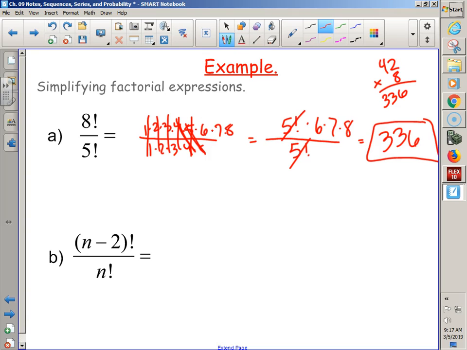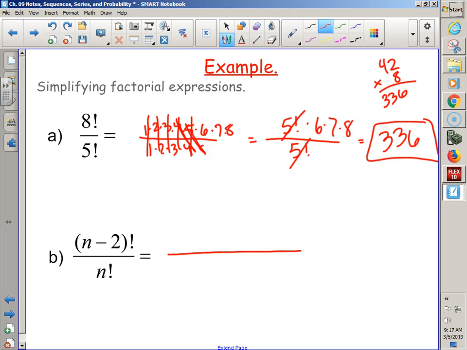But how do I use this idea with numbers? I'm telling you that this can reduce, but it's weird because there are n's. Who's the bigger one? N minus 2 factorial or n factorial? Who has more terms?